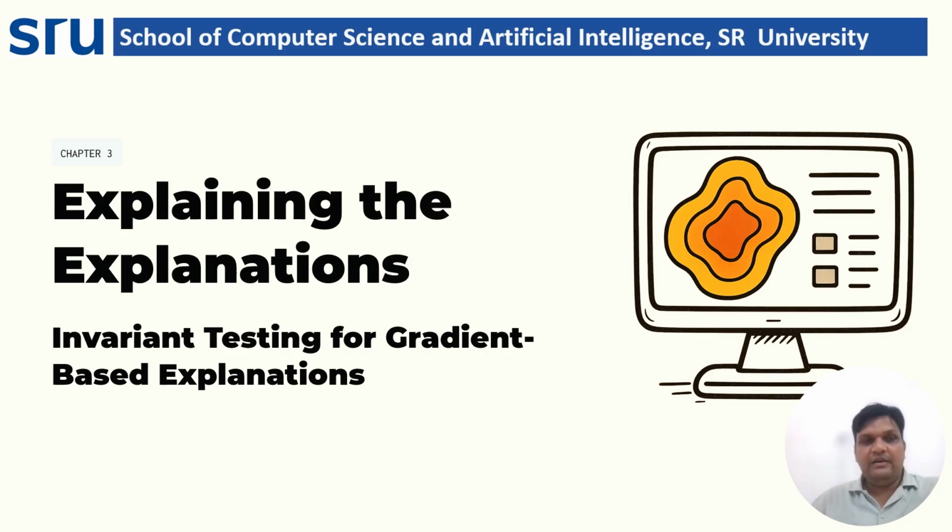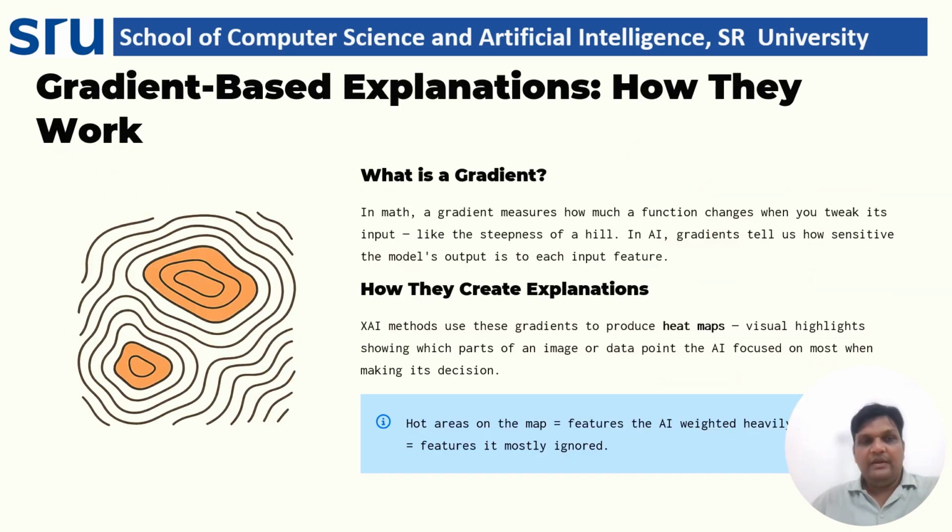Explaining the explanation: invariant tests for gradient-based explanations. How do gradient-based explanations work? What is a gradient? In math, a gradient measures how much a function changes when you tweak its input, like the steepness of a hill.